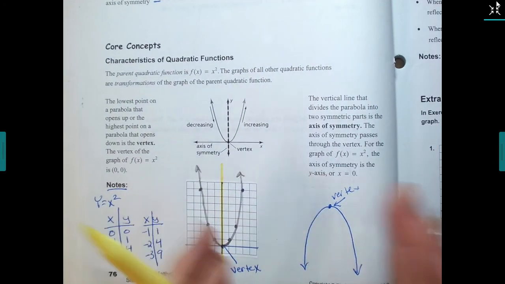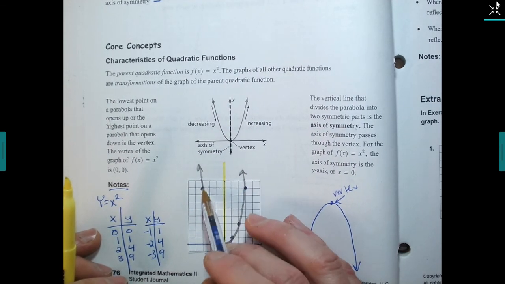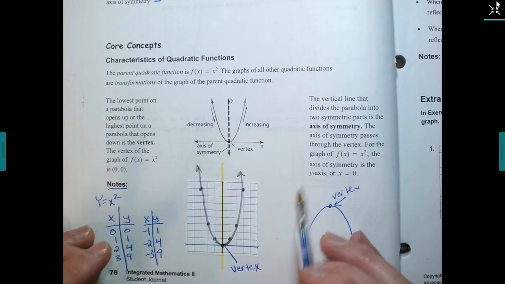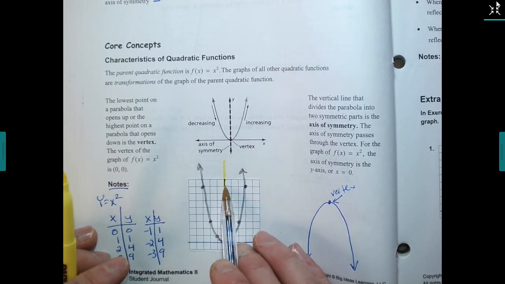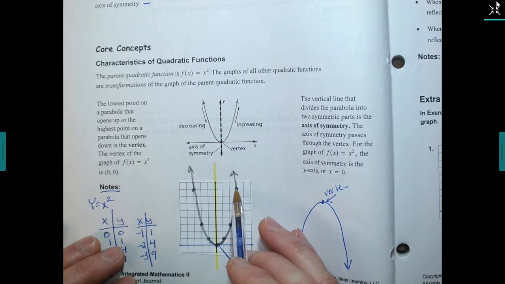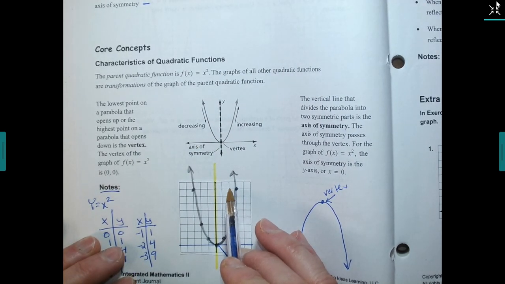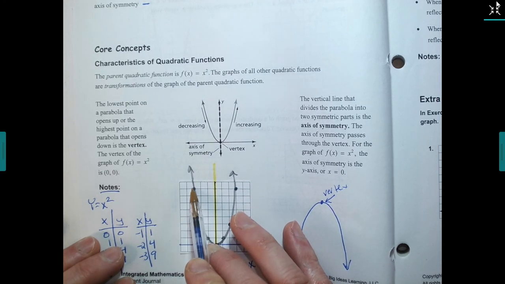Now, a parabola could shift side to side, up and down. It doesn't mean it's going to be 3, 9, negative 3, 9 every time, but it will be the exact same distance from the axis of symmetry. So no matter where this parabola moves, I'm going to have 1 point at 3 over, and then I'll put it 3 over on this side.